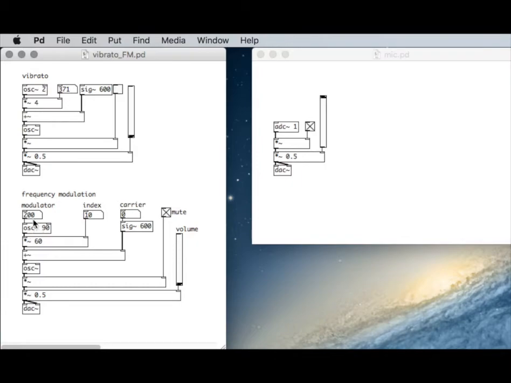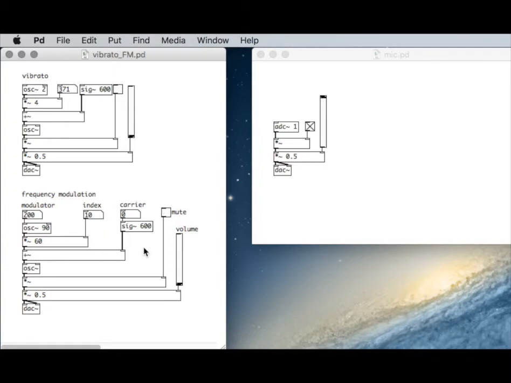So we have a sideband at 400, we have a sideband at 200, we have a sideband at 0, and then also above 600 at this interval. 800, 1000, 1200, and so on. And those extend out infinitely on either side.